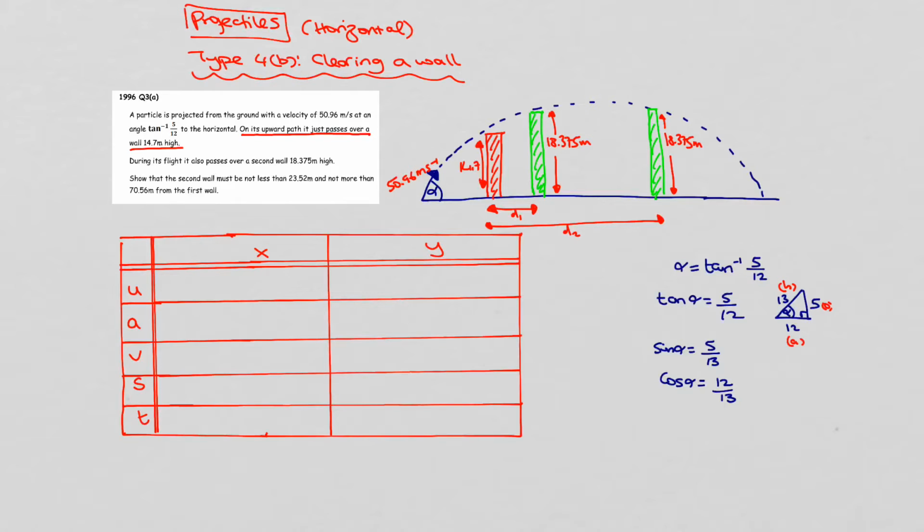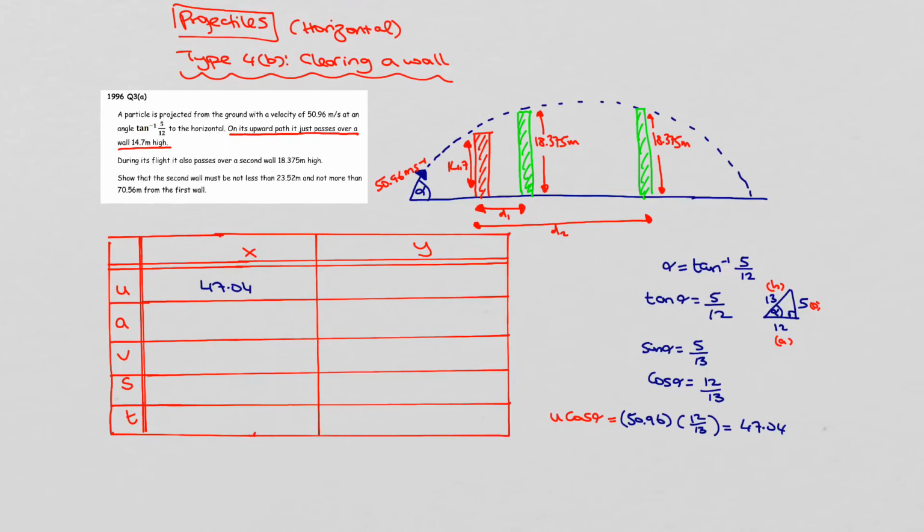So we have U cos alpha. If I just do it down here to the right first, well, if we have U is 50.96 and cos alpha is equal to 12/13, well then U cos alpha gives us 47.04. So if I fill that into my table, U in the X direction is 47.04 meters per second.